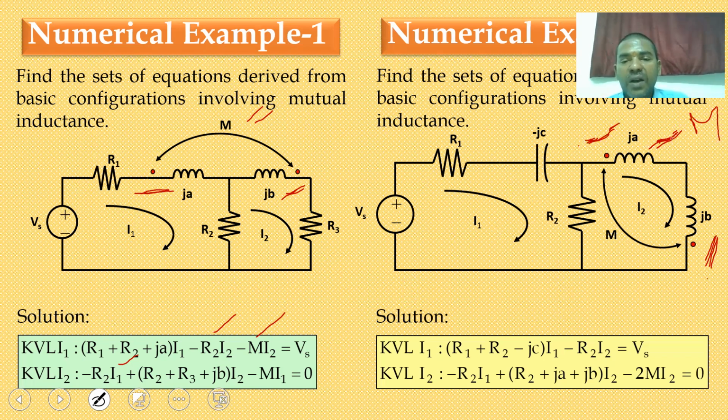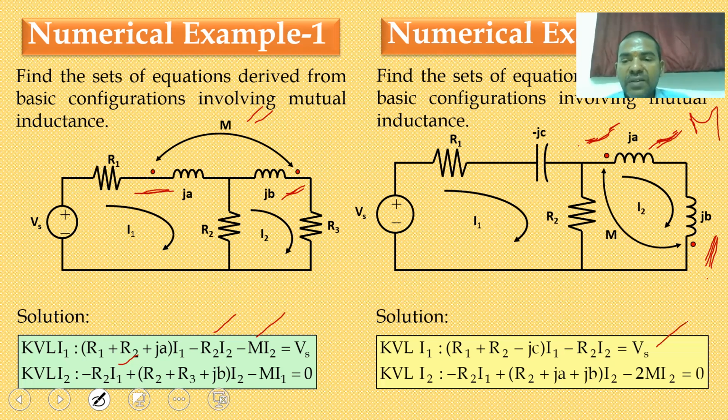Okay, so now I am writing the first loop equation. How many passive elements are there? R1, R2, minus JC capacitance. So (R1 plus R2 minus JC) into I1, and R2 is a combination of the I2 current also, so minus R2 I2 is equal to Vs. So this is your first equation.